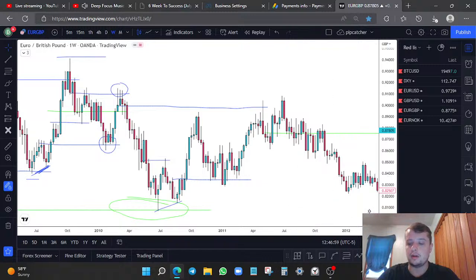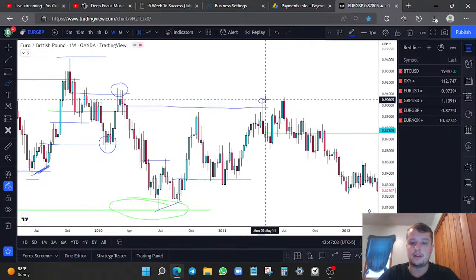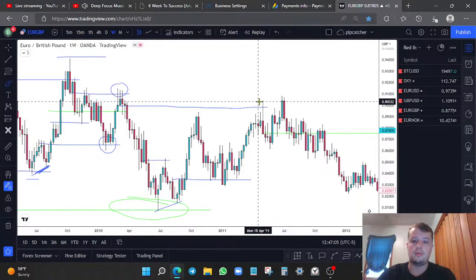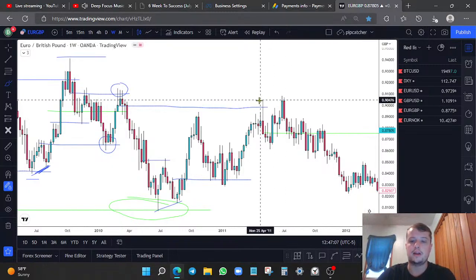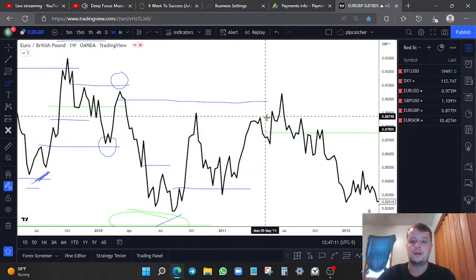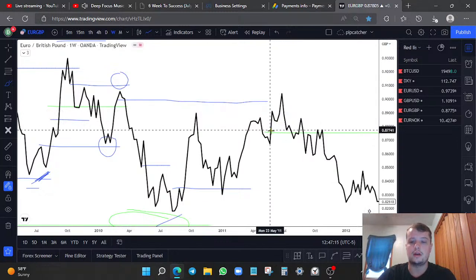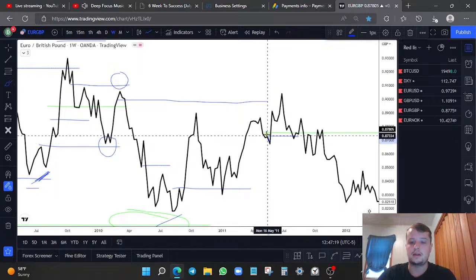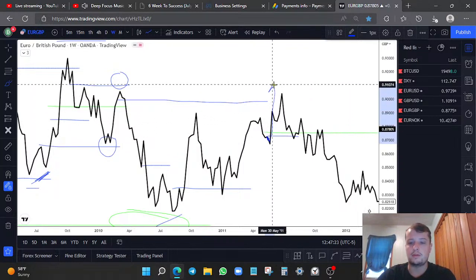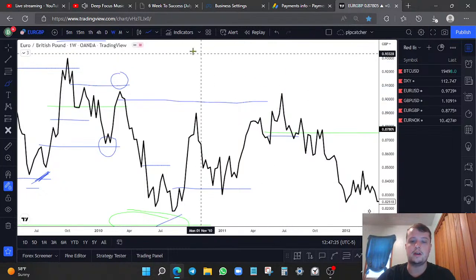Now what happens here again? Because on the lower time frame this is structured, but on the weekly time frame, it's just a wick. But if I do this, then you can see broken structure, broken structure. Where does price come back down to? The last bit of selling before this push back up to the upside.